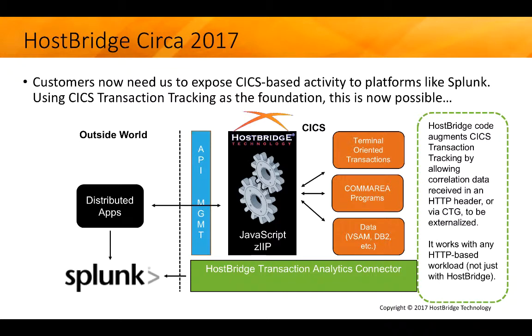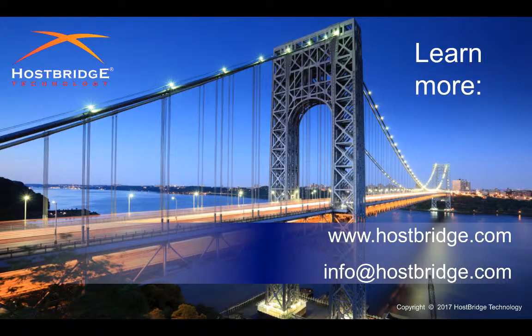One of the questions we're asked is, will this work with just HostBridge or with any CICS activity? And I'm pleased to tell you that the approach that we've taken in our design will work with any HTTP-based workload, not just with HostBridge, or with any workload that is driven via CICS Transaction Gateway.